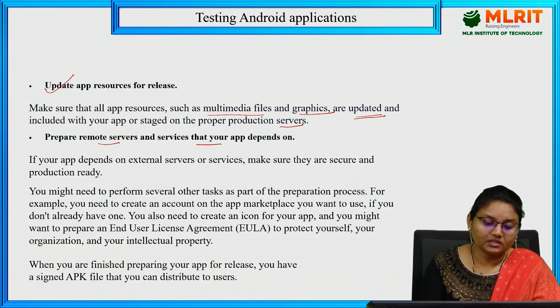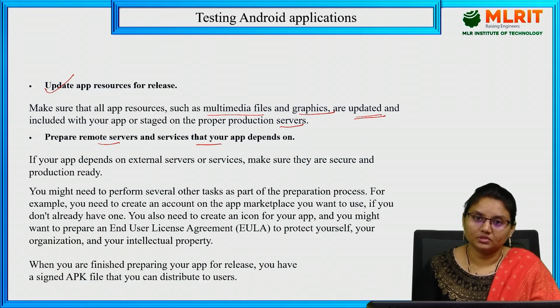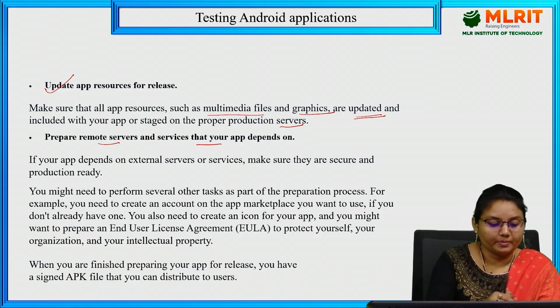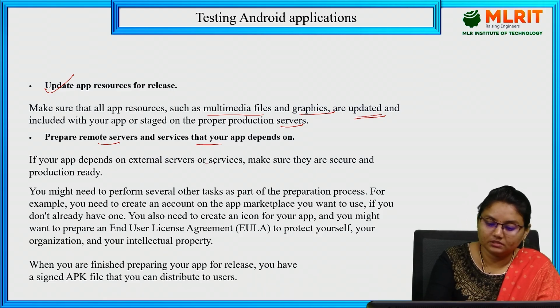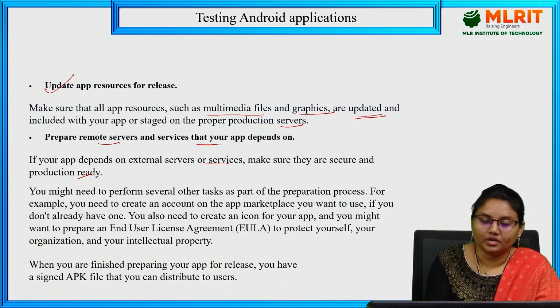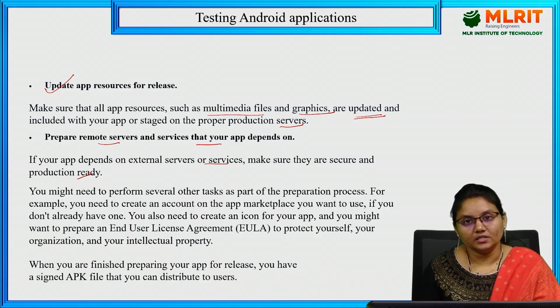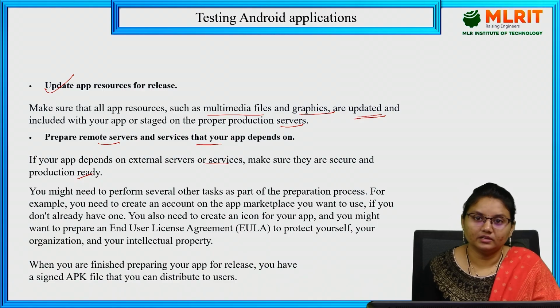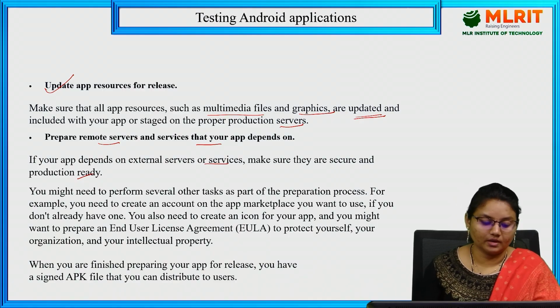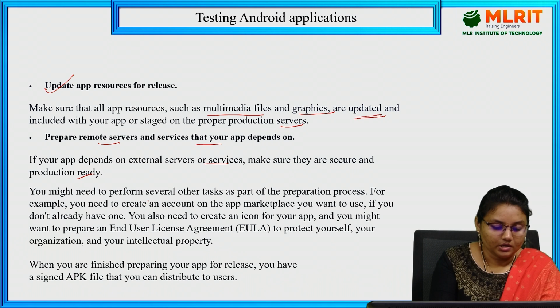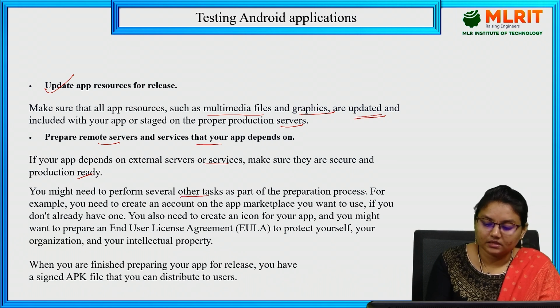For that you need a few services to retrieve or store the data. If your app depends on external services, make sure they are secure and production ready. When you are retrieving or storing data and it is released to a third party, it can affect the security of your application. So make it secure.